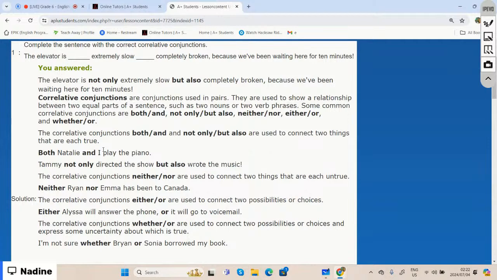All right. So if we look at the activity, it says we need to complete the sentence with the correct correlative conjunction. It says the elevator is slow.